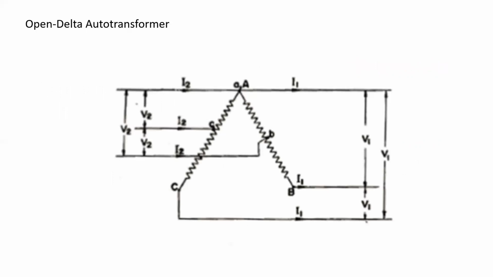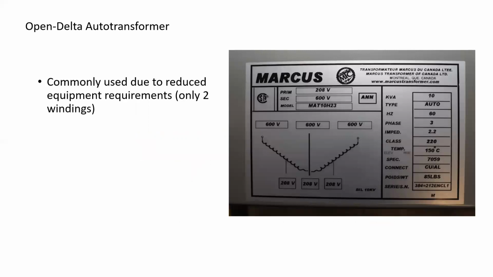The open delta, however, is the autotransformer that probably has the most recognition when it comes to three-phase autotransformers. It's commonly used due to the reduced equipment requirements, as there are only two windings as opposed to three. Here's an example of a manufactured open delta autotransformer.